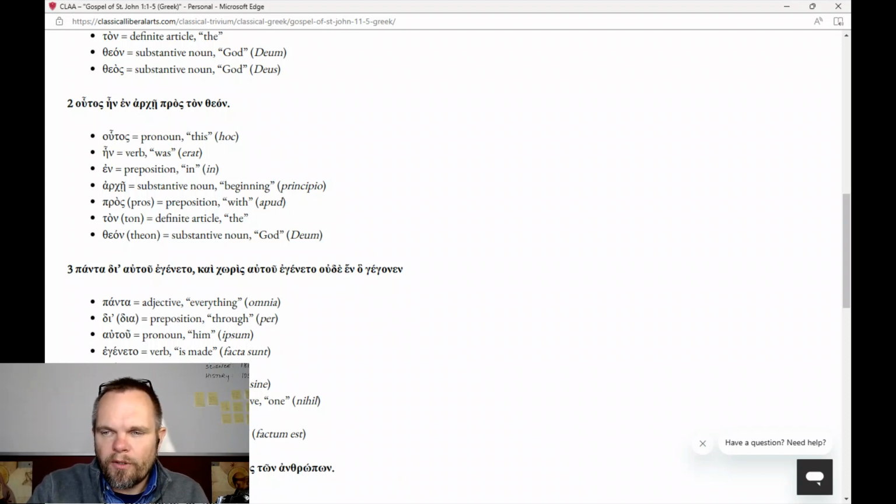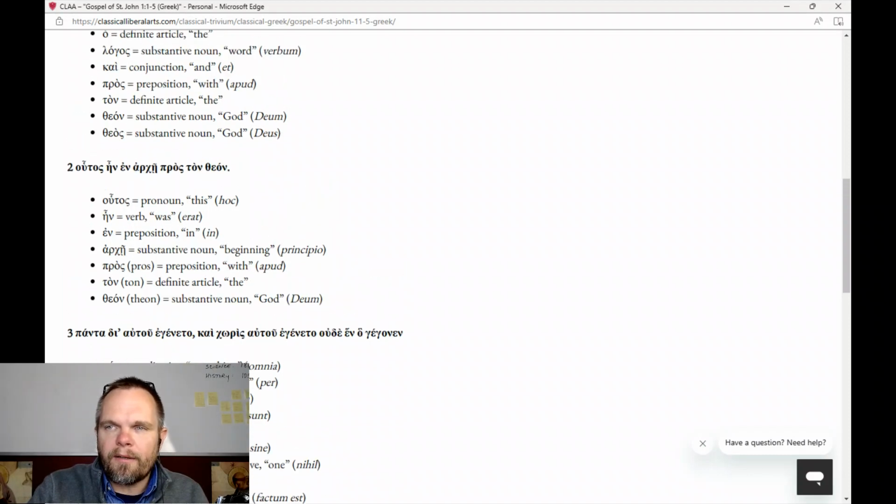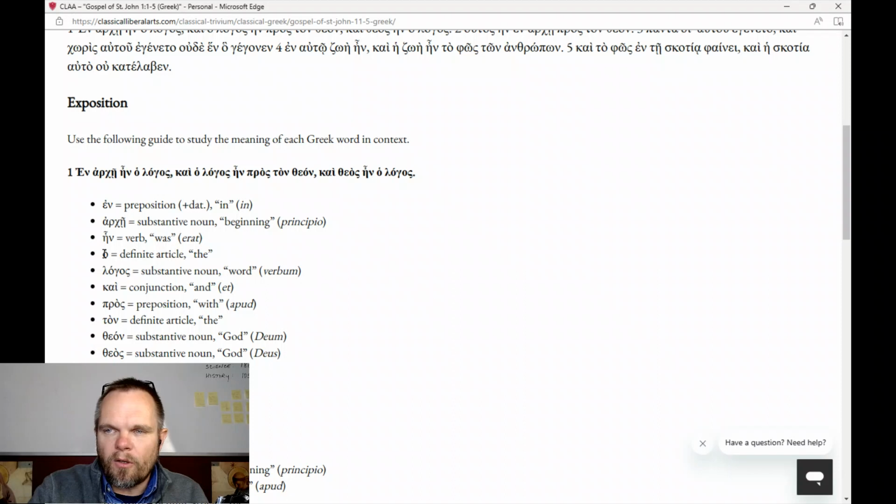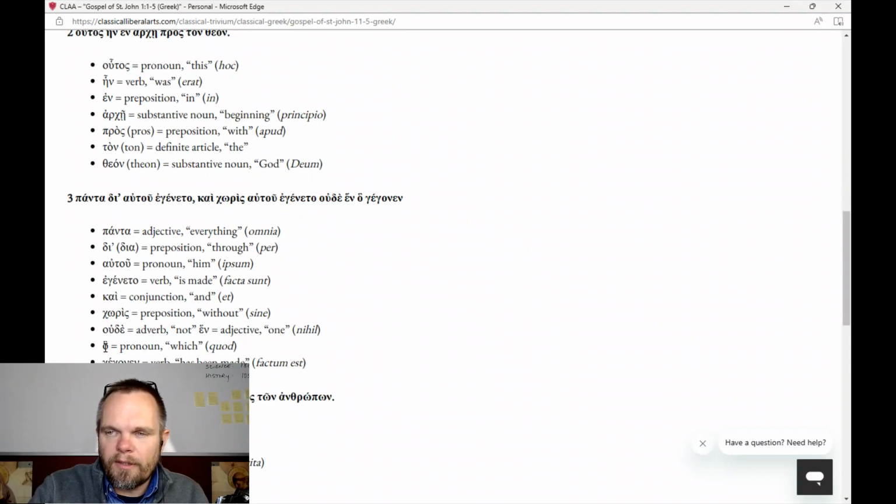Then we see this word ho, which looks like the article we saw earlier in ho logos. But if you pay careful attention, you'll see that ho here in verse 1 has no accent mark. And down here in verse 3, we see an accent mark on it. This is actually the pronoun, which is translated which.